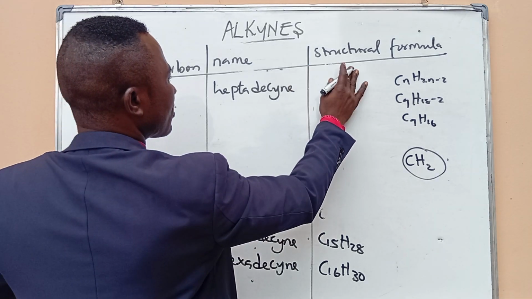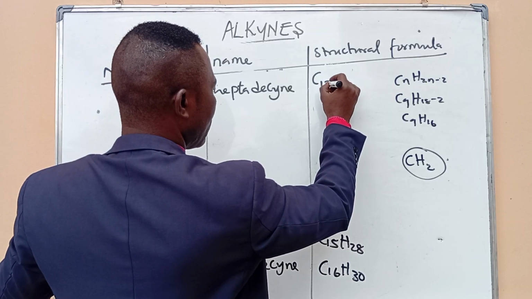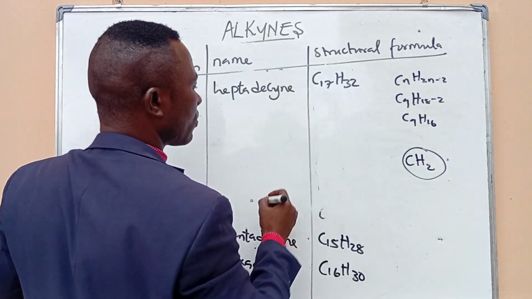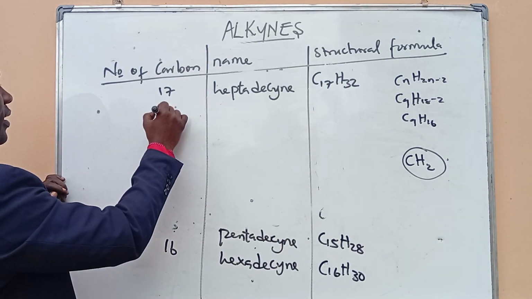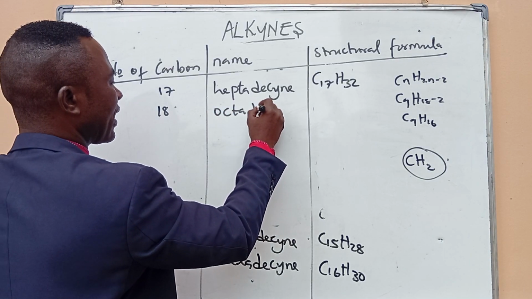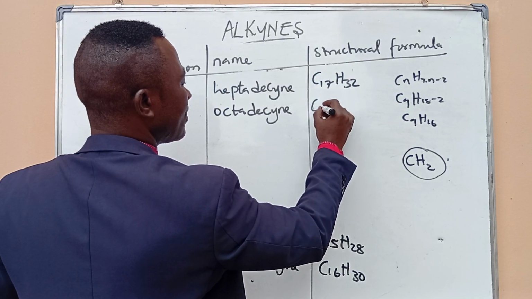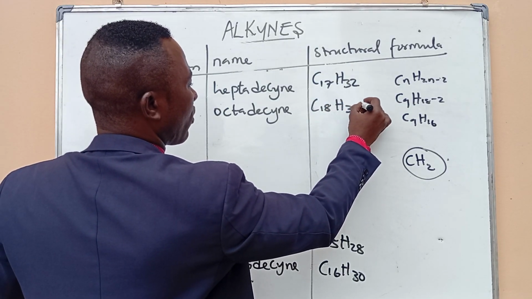Heptadecyne is C17H32. Number 18 is octadecyne. Octadecyne is C18H34.